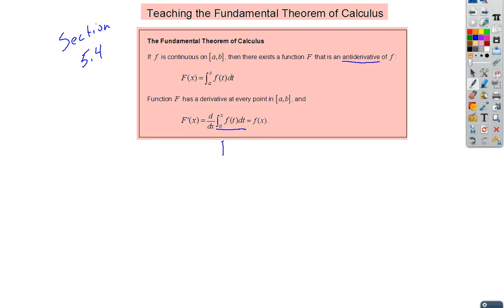This piece, that's capital F. So if I take the derivative of capital F, that's the same as saying f prime. And I said, well, capital F was the antiderivative, big F. So if I take the derivative of big F, I'm going to get the function that I started with. And this is actually where we're going to spend our time today, but we're going to go through a little exploration with it. All right? Okay, here we go.